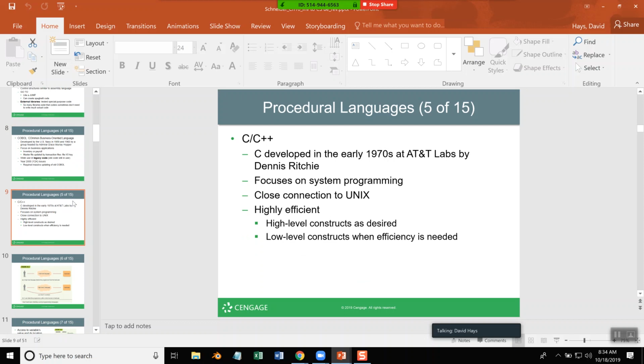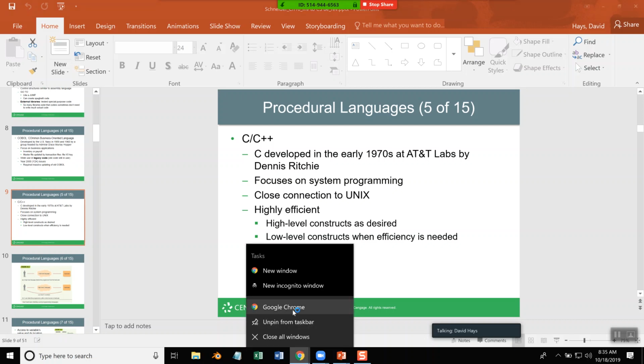C was developed by Dennis Ritchie, focused on system programming, close connection to Unix. A lot of the Unix/Linux utilities you use are written in C. Like if you ever use Linux and you type ls, that's written in C. You can go look at the code for it if you want. Some of it's not very exciting.